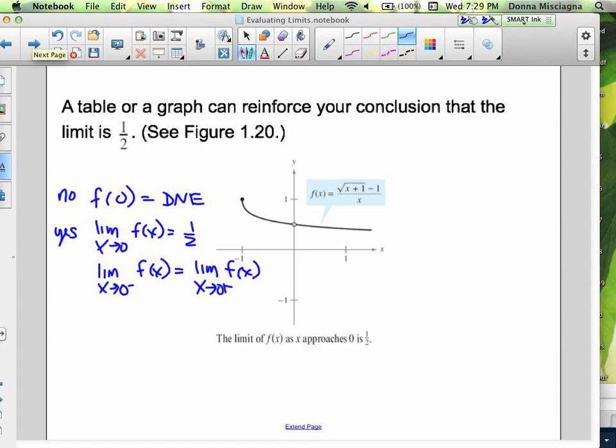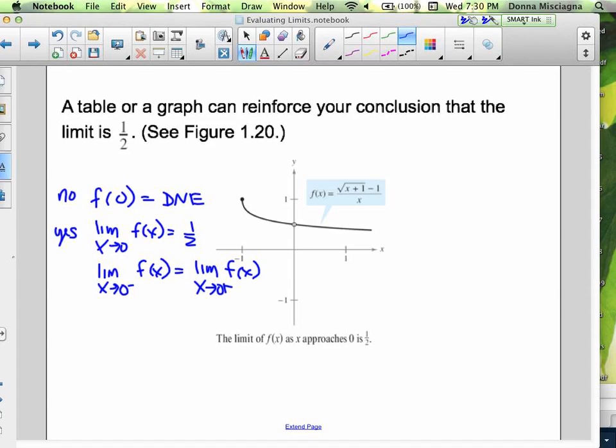When we're working with problems like this, we're going to be using algebraic techniques, and if we have a form that we can substitute into, even though we know the point can't exist because we have that hole there at 0, and we can see we have a hole at 0 because we canceled out x divided by x.